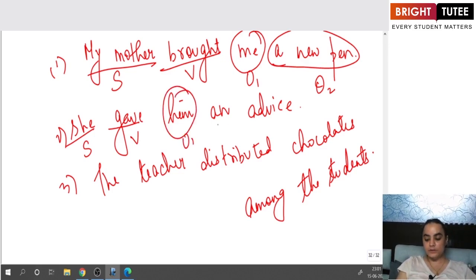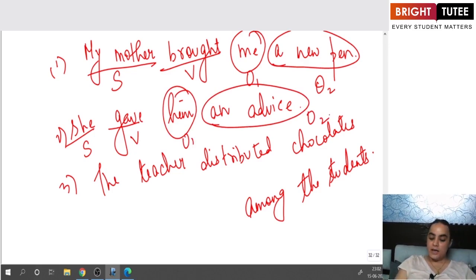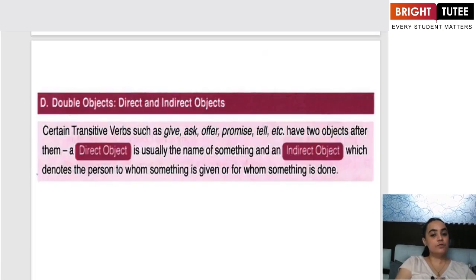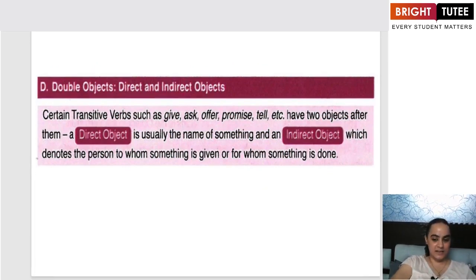Him is the first object and an advice is the second object. Now, out of these two objects also, the first object is the indirect object and the second object is the direct object. So, at times, dear students, in the sentence, we have two objects, and out of the two objects, one object is direct and one object is indirect in nature.